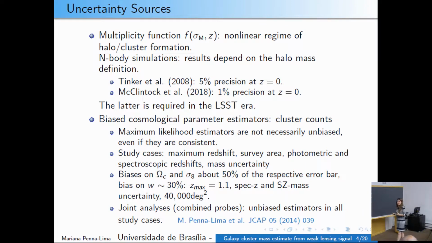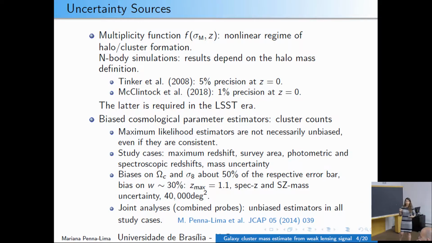And we found that, for example, if we had a perfect scenario where you know perfectly the halo mass and also the redshift, we can obtain biases of almost 80% of the size of the respective error bar. So both on the density of the cold dark matter, this omega C, on sigma 8, and also on the dark energy equation of state.